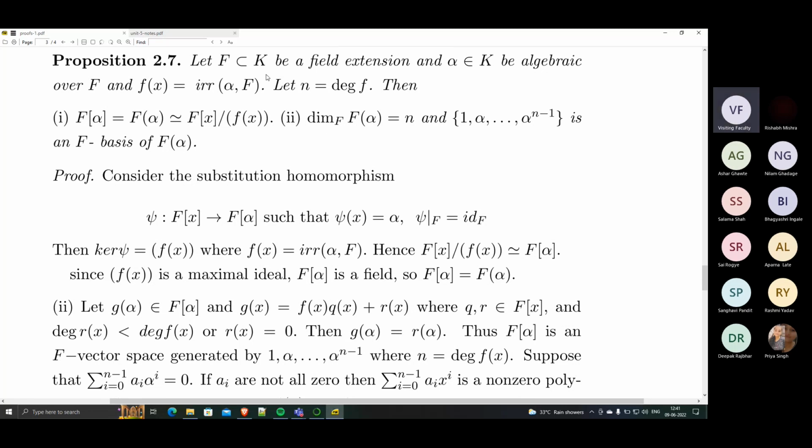Alpha is an element in K, outside F. Therefore, all the elements of F will actually be fixed, because any polynomial expression that involves only little f has no alpha, so there is no substitution there. Therefore, psi restricted to F is in fact just the identity map. Elements of F get fixed.